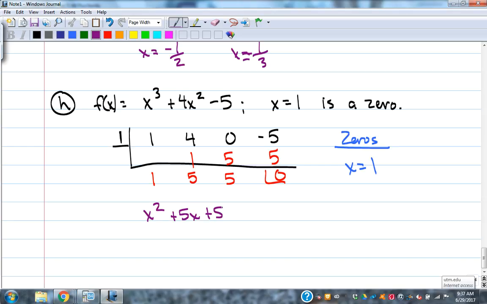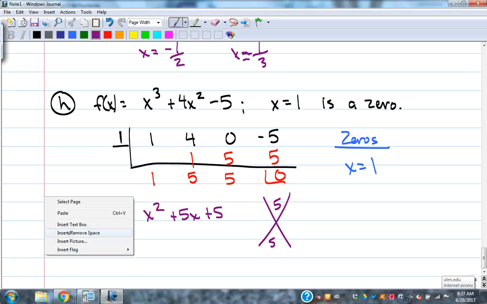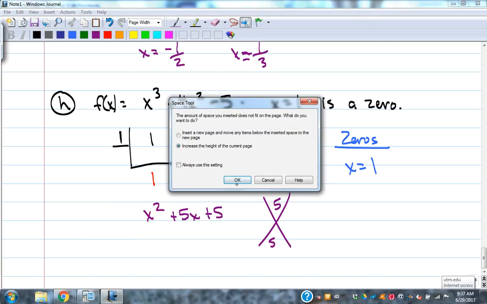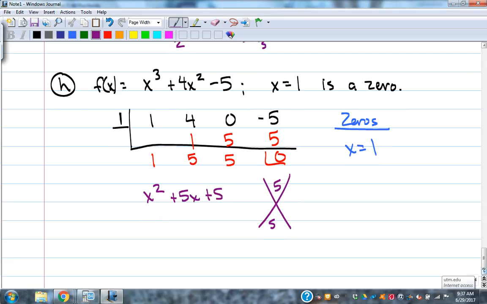I always try factoring first. I know that this one doesn't factor, though, because there's nothing that multiplies to be 5 and adds to be 5. If it was a 6x in the middle, then hey, we're in business. But it's a 5x in the middle, so it doesn't work. So this doesn't factor. So the only logical option for solving it is to use quadratic formula.